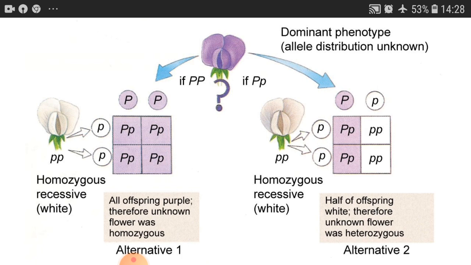So the use of the test cross is to reveal the genotype of an organism displaying the dominant phenotype, right? So this is an important tool for geneticists to come to a conclusion to know whether the character or trait in question is genotypically homozygous or heterozygous.